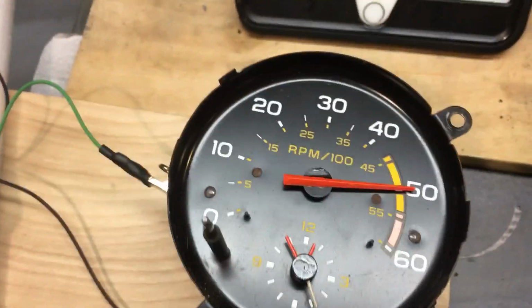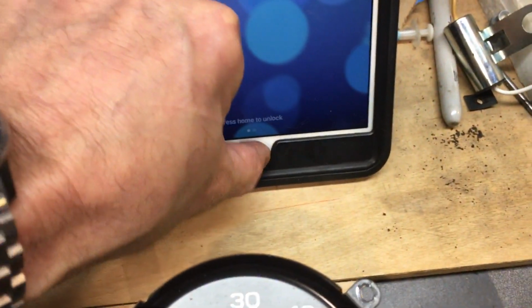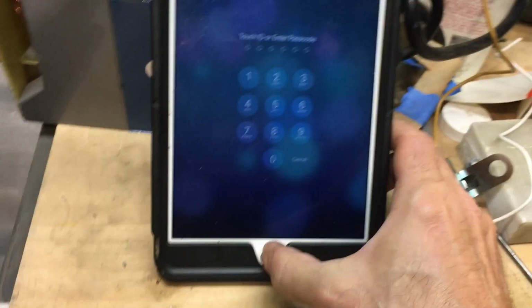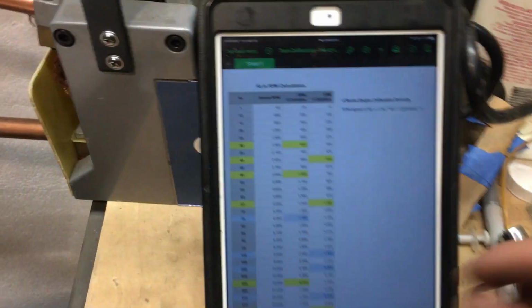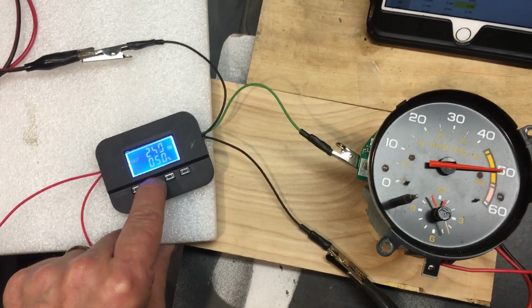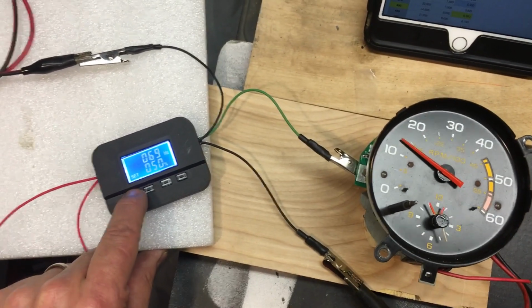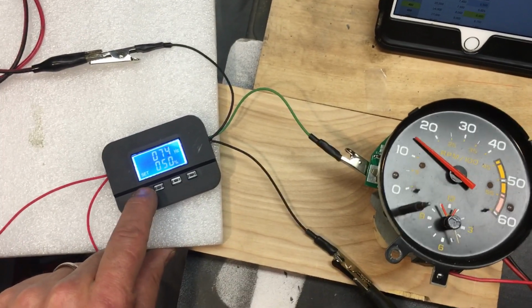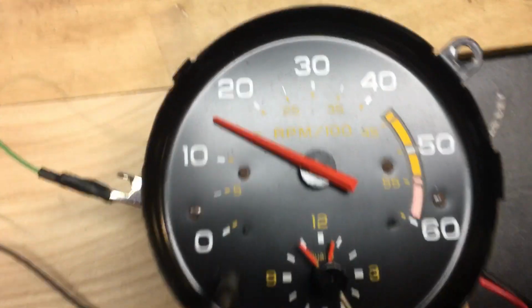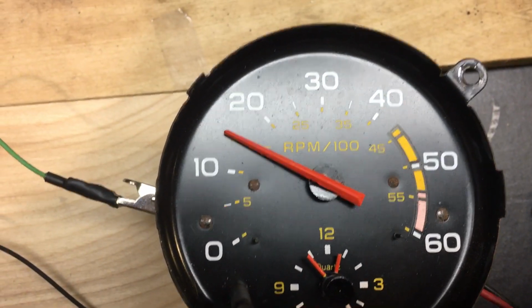So let's do a test, and let's pick something else from the spreadsheet. I need more fingers. There we go. Let's do 75, which is 1500. So when we set this down, that is dead nuts on at 1500.